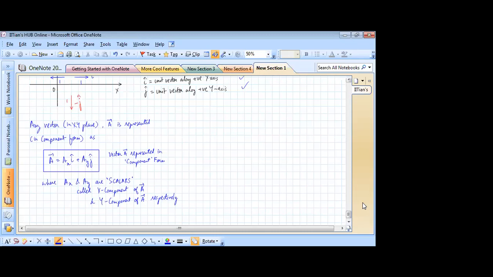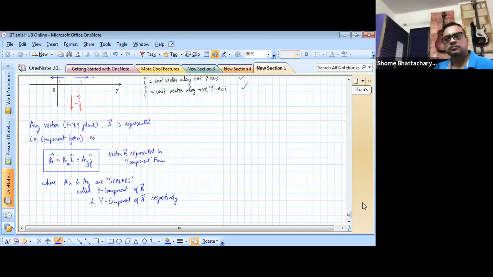So we are still talking about just definitions. Okay, so written down the meaning of Ex and Ey, I mean the definition of Ex and Ey.